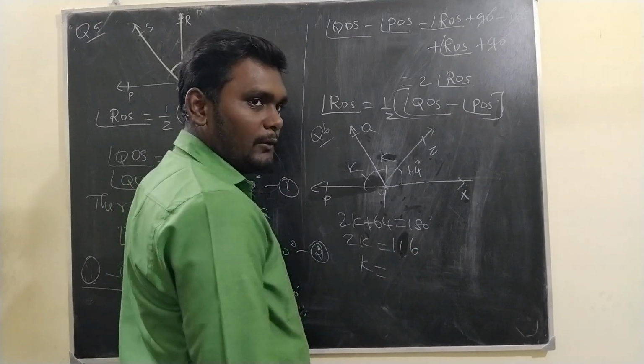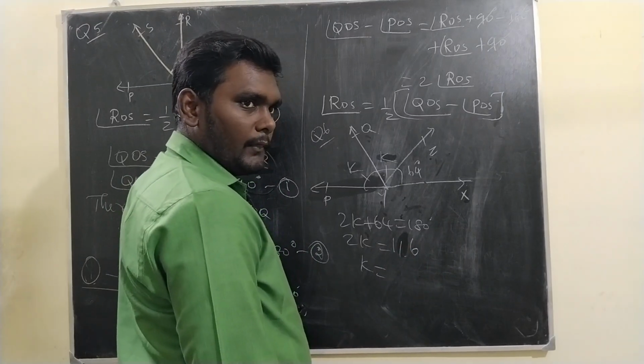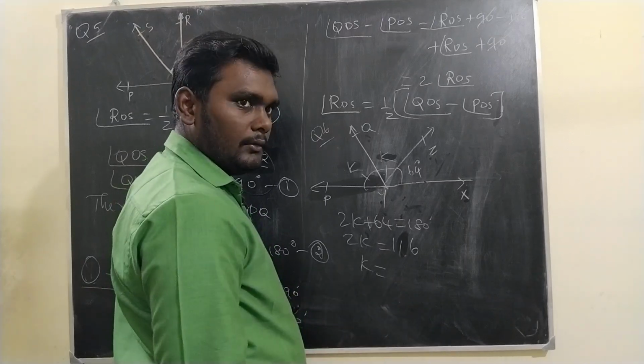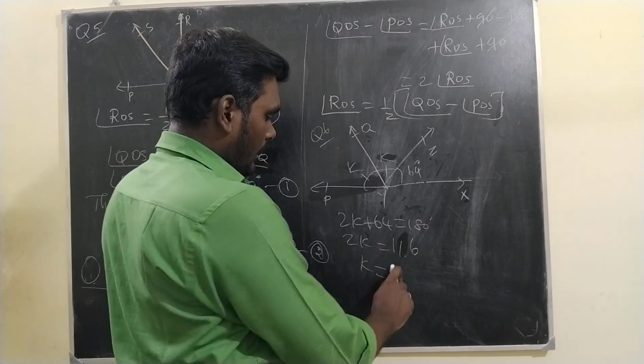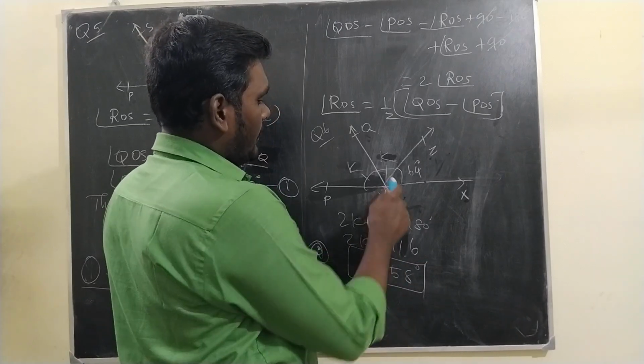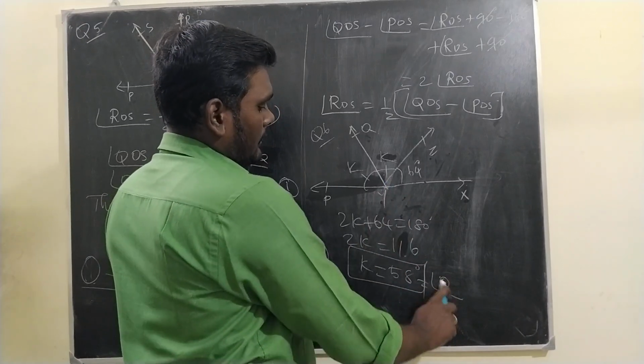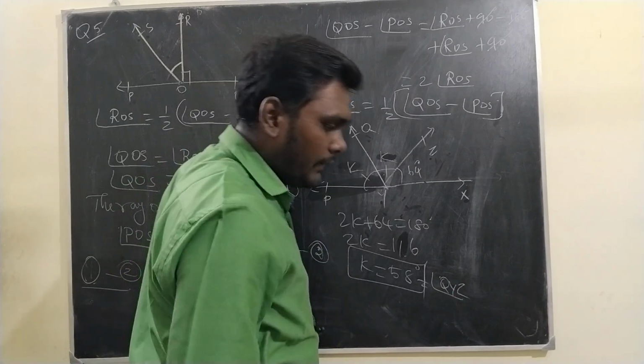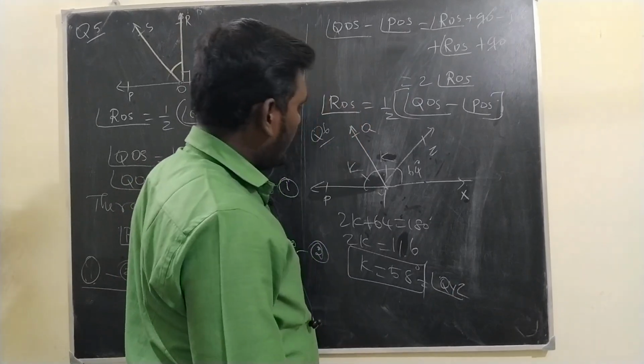And then K is how much? 58. So K is 58. That is the measure of angle QYZ, right? That is what we need to find. Sorry, QYP.